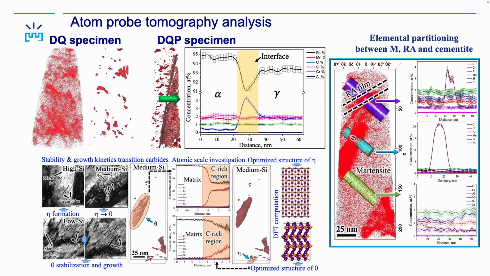This enrichment is quite high at the interface regime, and inside the bulk regime it's distributed heterogeneously. Other than this retained austenite, we also notice the existence of different carbides, and we confirmed the existence of the transition carbide and the cementite based on the stoichiometric ratio.